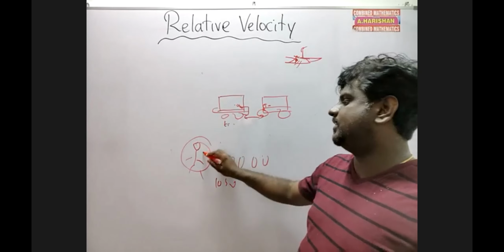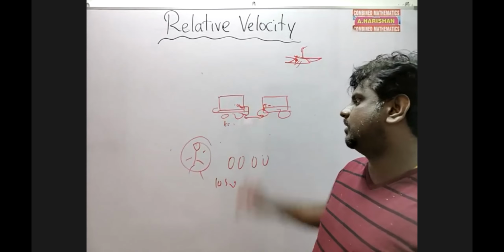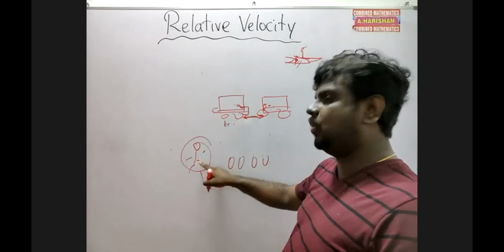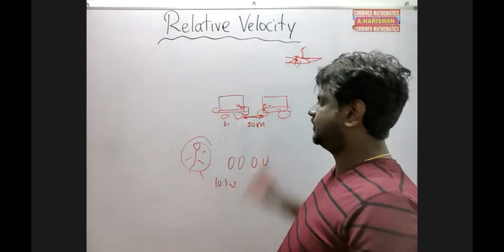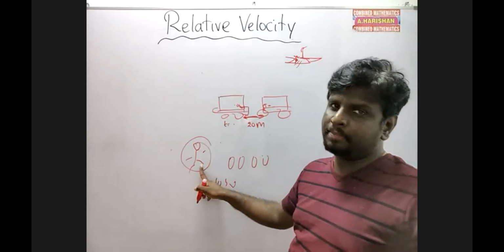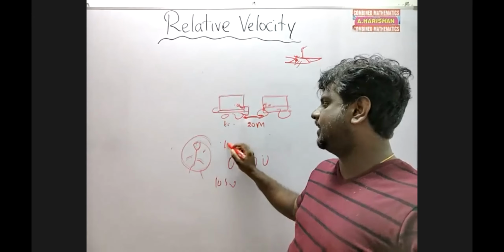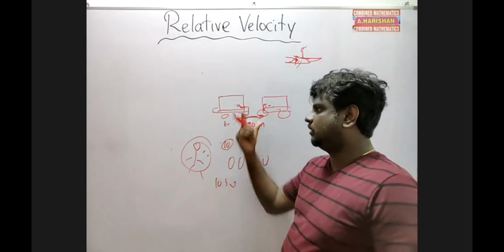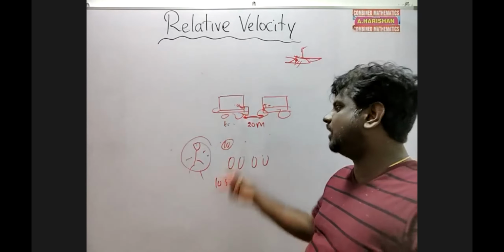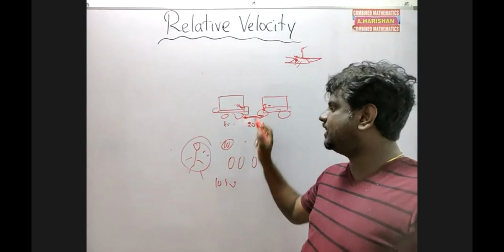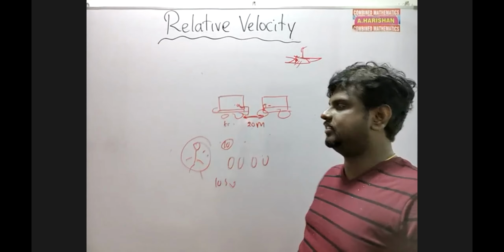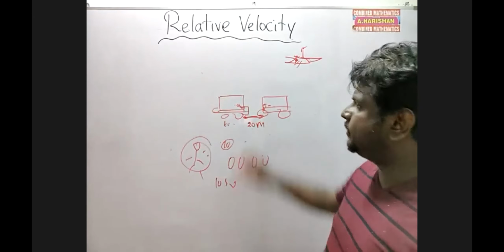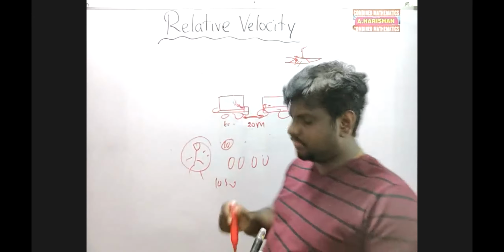Once he sees that these two cars have put the brake and have a displacement, say according to this person, 20 meters. So in his frame, he can say after 10 seconds these two cars are stopped and they have a displacement of 20 meters between each other, right? If you ask, I'm asking the same question to this driver. What will he say?